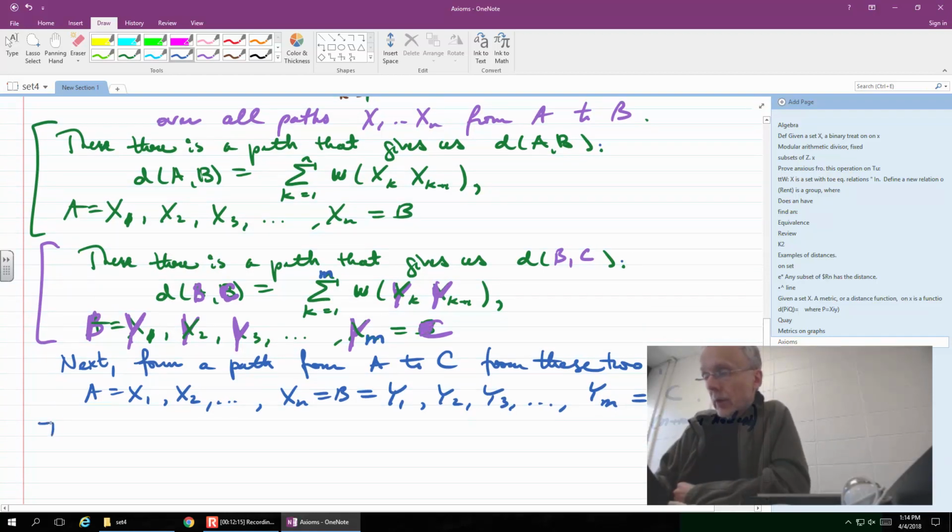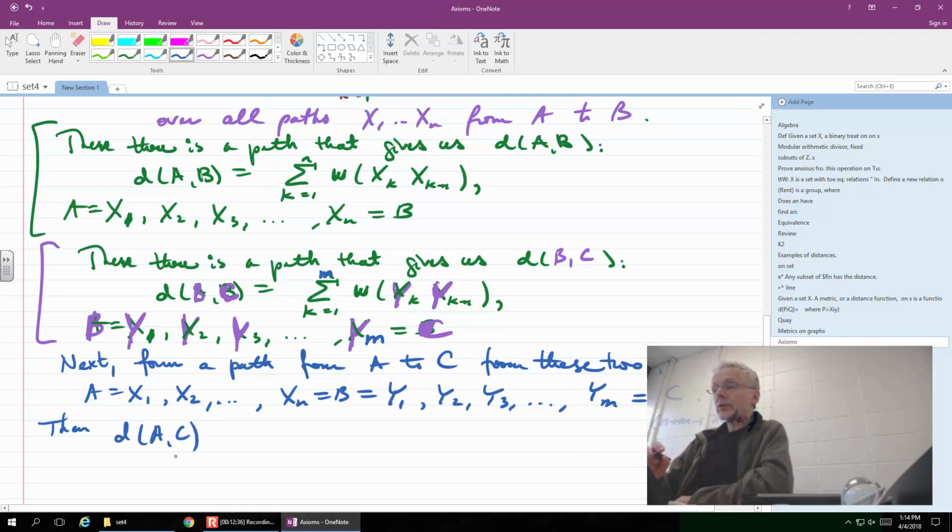Okay, so then what we need to know about it is its length. Then the summation along this curve, which we're not saying is the distance, but we do say that the distance from A to C is the minimum of all paths.